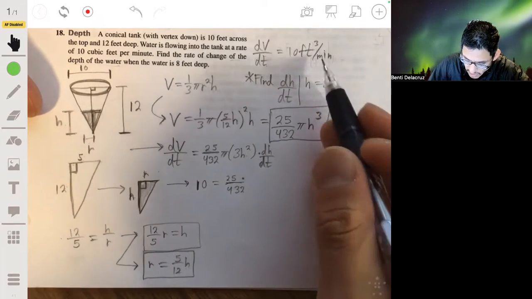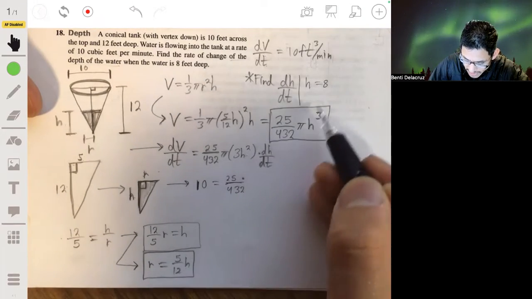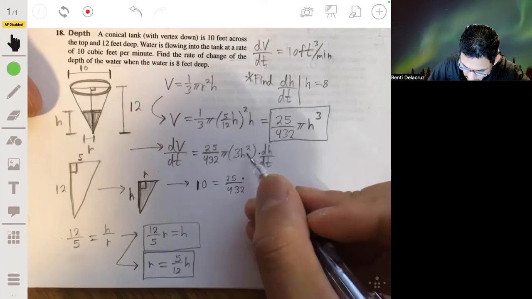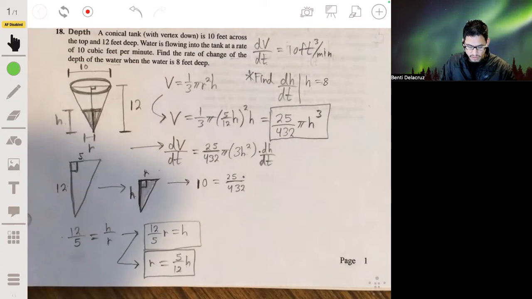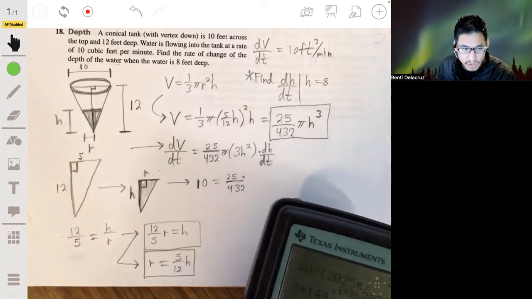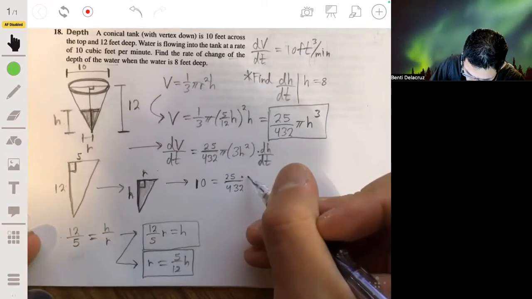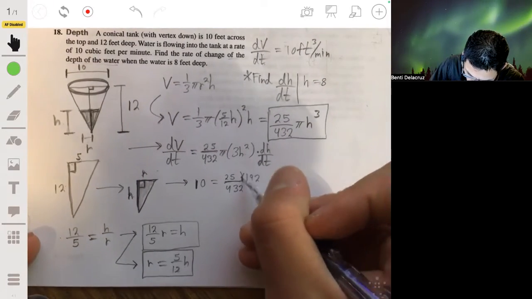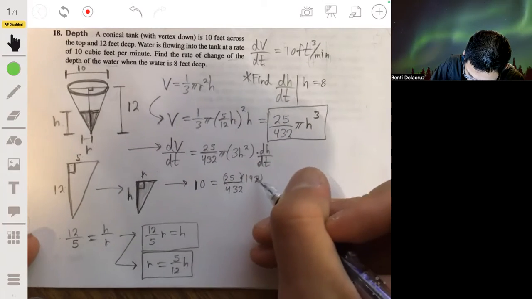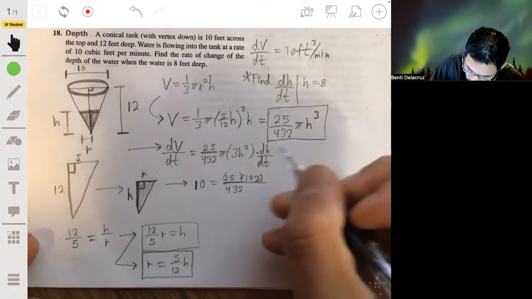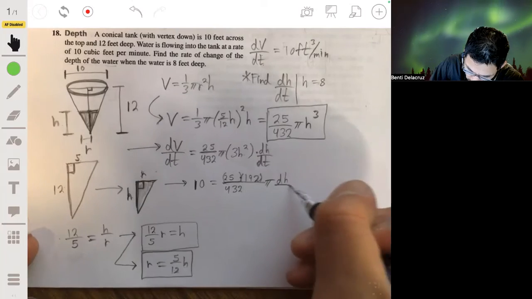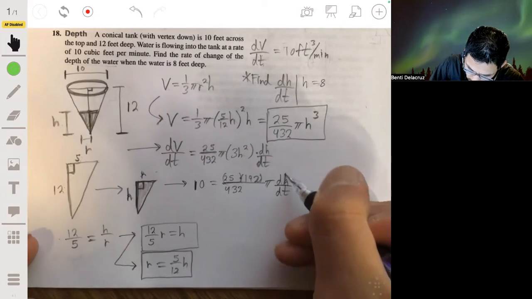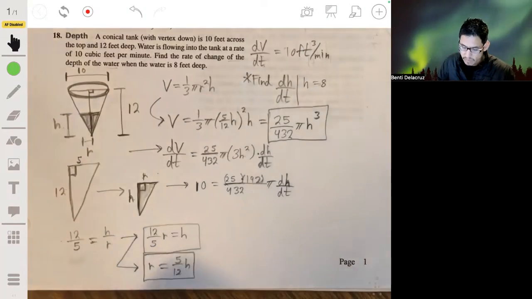If h is 8, you're going to have 8 squared times 3, so 3 times 64, you're going to have 192, in parentheses, 192 times pi times dh over dt.